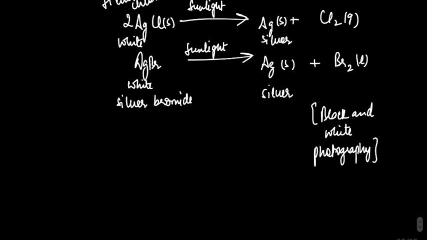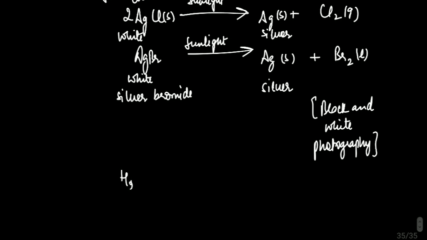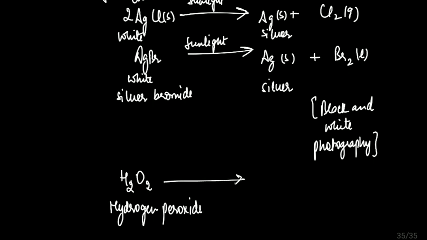Then we can take another example, that is hydrogen peroxide. In the presence of sunlight, it will decompose into water and oxygen. Now we have a story related to this hydrogen peroxide. It's not the historical story I'm talking about.